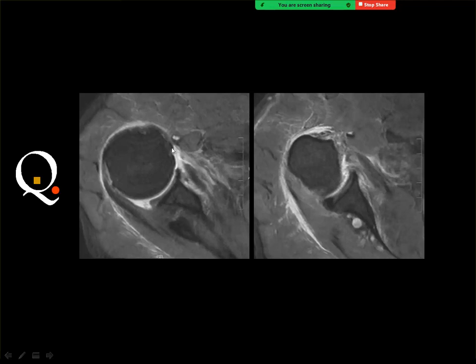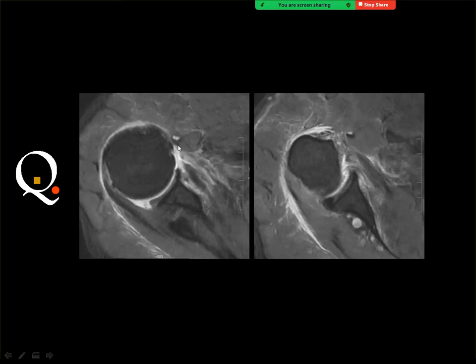It is not reaching its insertion site in the lesser tuberosity, and the cause of the tear is seen in the image because the distance between the coracoid and the head of the humerus is very narrow.